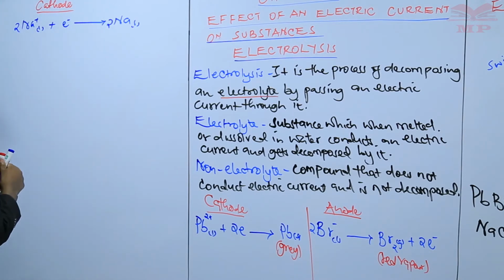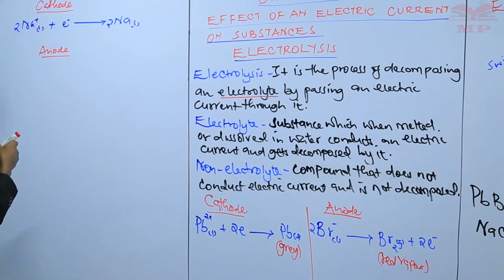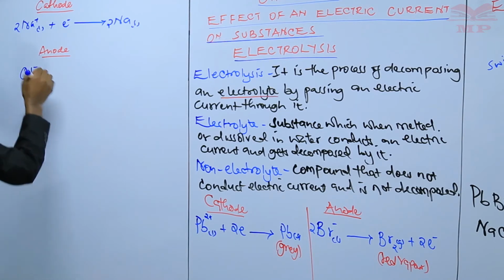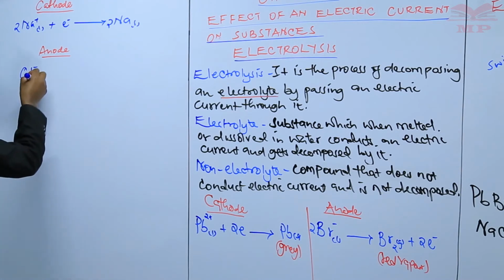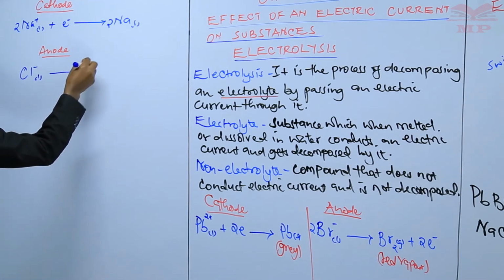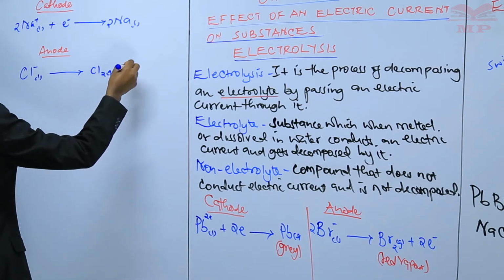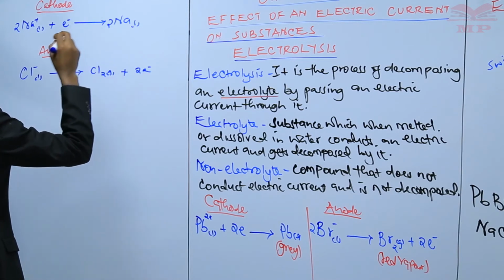Then at the anode, it would be chloride ions, which are losing electrons. When they lose electrons, they are deposited as chlorine gas. It loses 2 electrons.